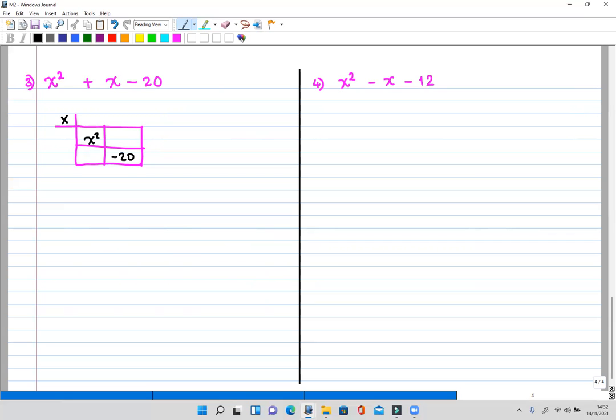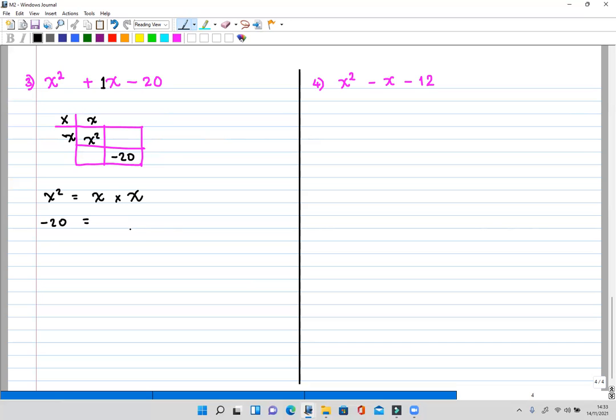Now, what are we going to consider? Remember here we have 1. So automatically we know that x squared means x times x. So it means that here we have x and here we have x. What about -20?